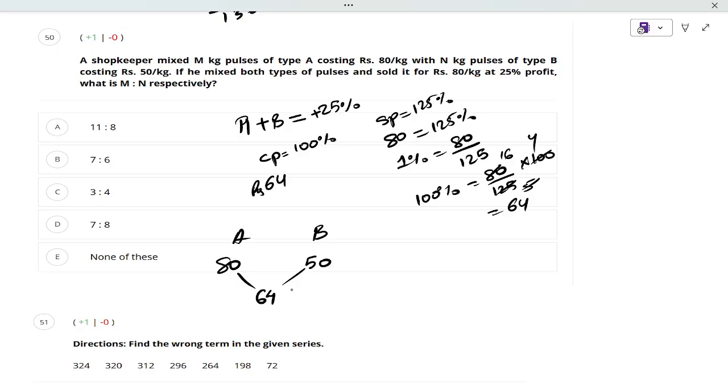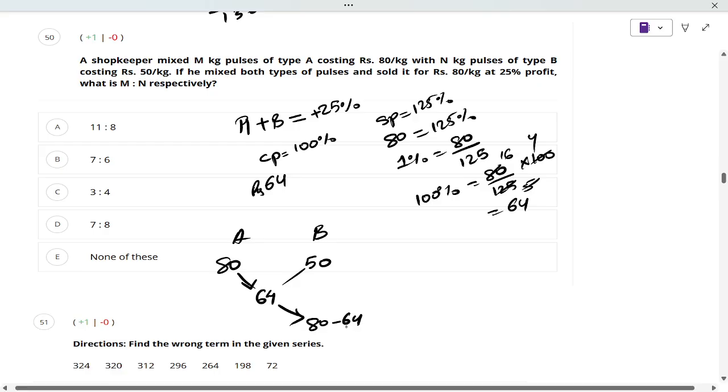You cross it this way. For this one, 80 minus 64. So let's say type 1, type 2. Type 1 minus cost price gives us this one, and for the other, cost price minus type 2, which is 50.